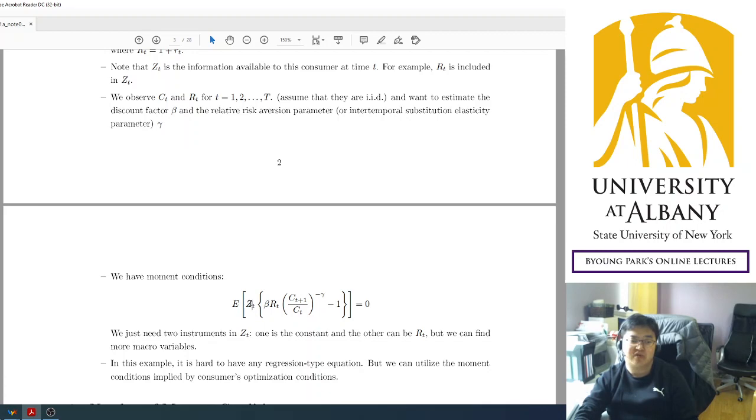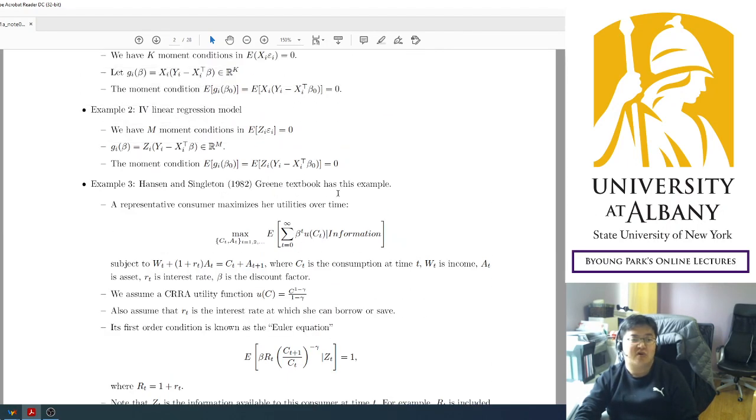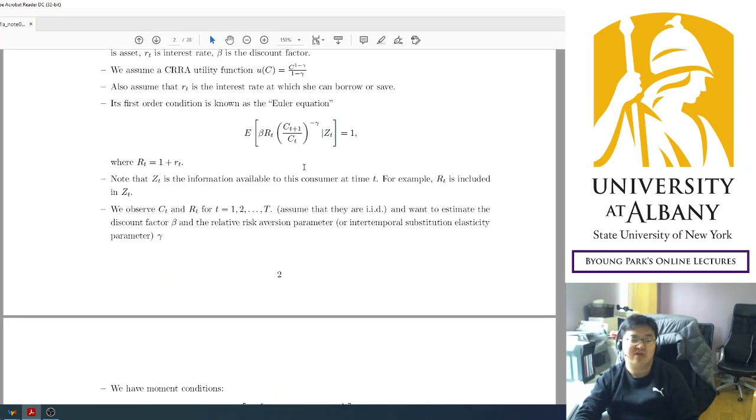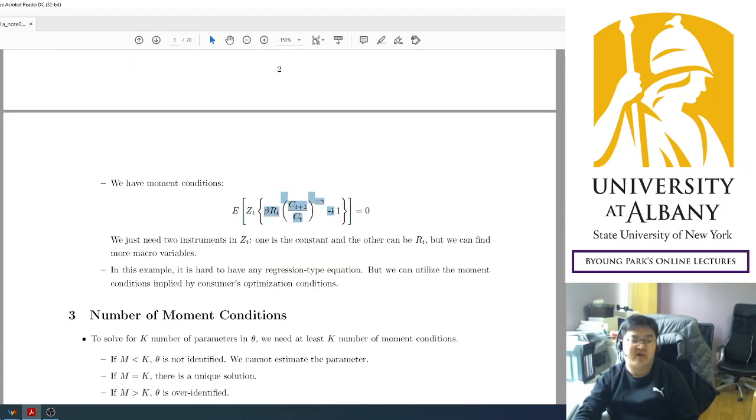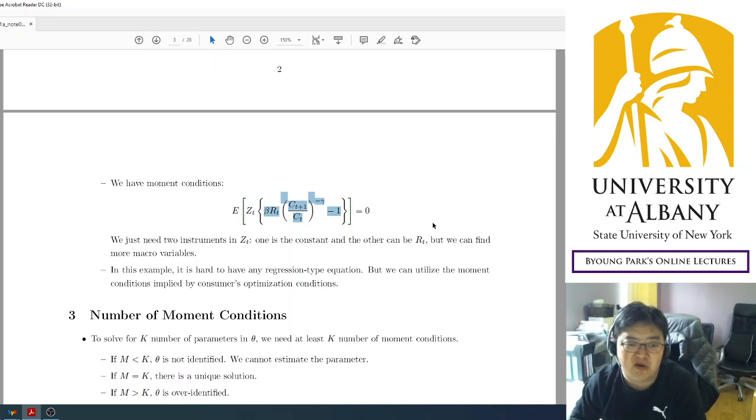So this plays the role of instrument, and this part is a little more complicated form. When you had a simple linear function before, now instead of a linear function, we have a more complicated functional form, because the utility function is not linear and the marginal utility is not linear.